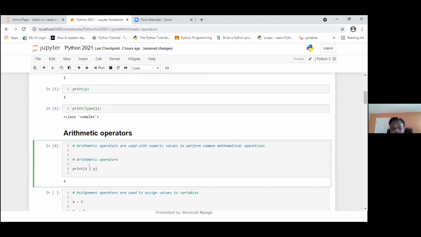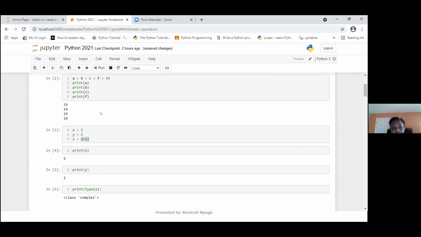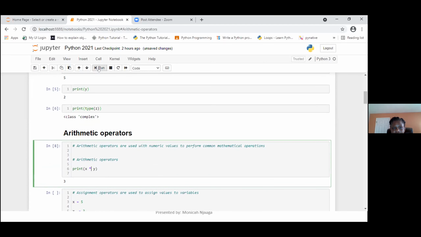And then, who remembers any other mathematical operators? Multiplication, yeah. So 5 times 2, we should expect to get a 10 here.